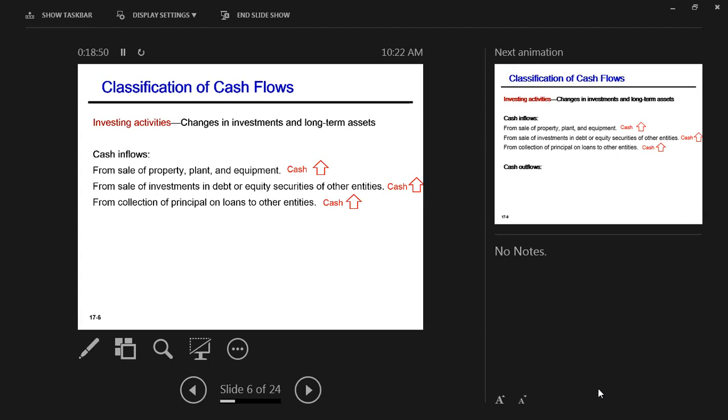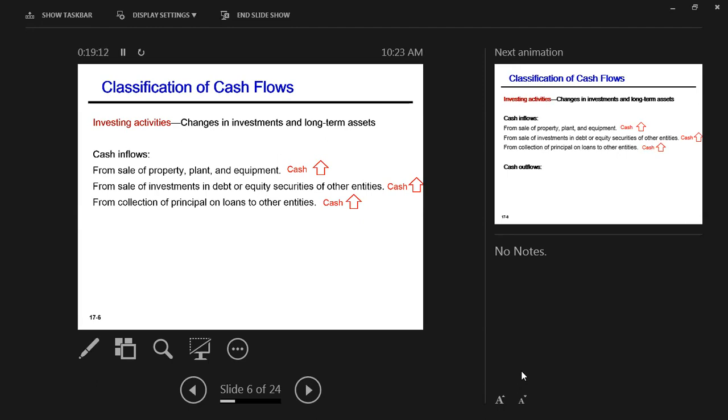Now $10,000 is called the principal amount. So the principal amount of $10,000 goes to investing activities, because when you gave me money, it means you invested your money in me, right? So when I give you the principal amount, it is investing activities, and when I give you interest, it is your interest revenue.